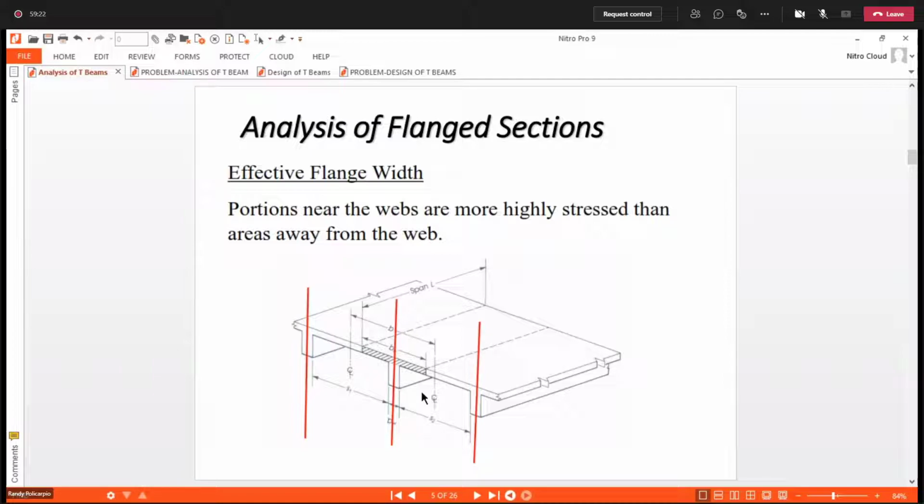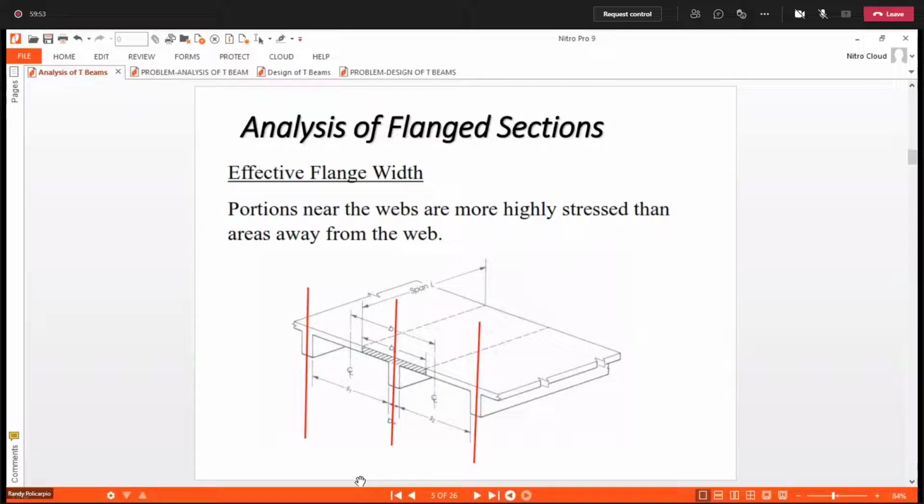Or we can say it na if we will get the span, the clear span of this slab, no? And get one half of this. Similarly, no? Ganun din dito sa kabila. We will get one half of the clear span and adding the width of the web, that will also represent the center to center spacing, no?